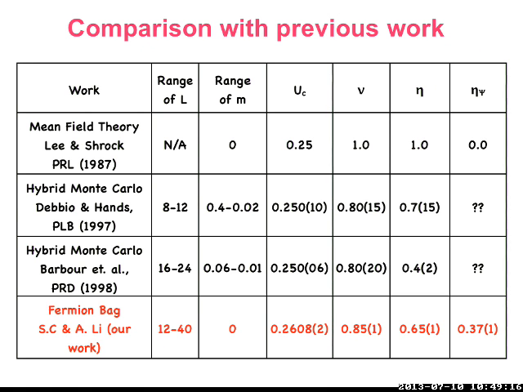Remember, I don't want to add a mass term to get the critical point, because this is a relevant perturbation and it can destroy the critical properties. So you need to extrapolate to small masses to really get the critical point, and that's a pretty complicated thing for them to do. We were able to do exactly massless fermions without a problem, and you can compare the accuracy with which we were able to compute the critical exponents with our method.